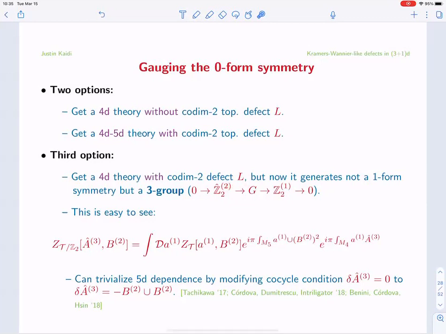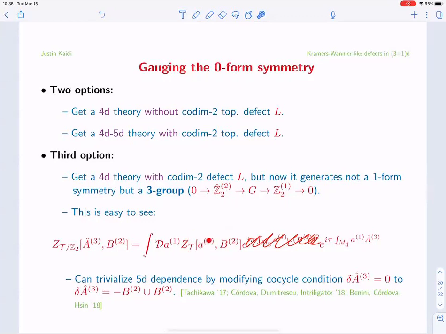This seems sort of technical, but it's really not. It's actually very easy to see how this option works out. So let's go ahead and see it. Let's begin by forgetting this piece here. Let's just say that I have no anomaly, and I go ahead and gauge the zero-form symmetry. Okay, so this is the original partition function.